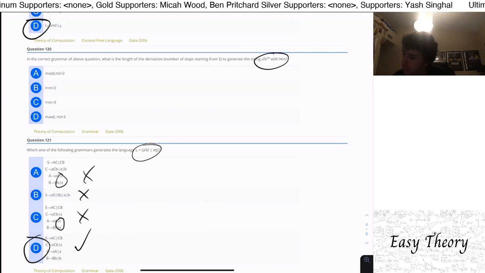What about this one above? Well, for the S rule, we need one to take C out. We need the maximum.